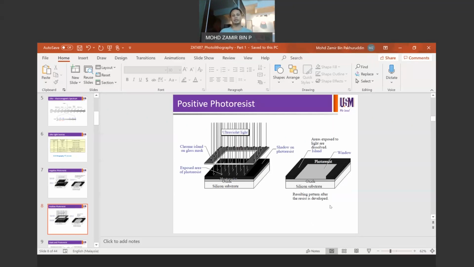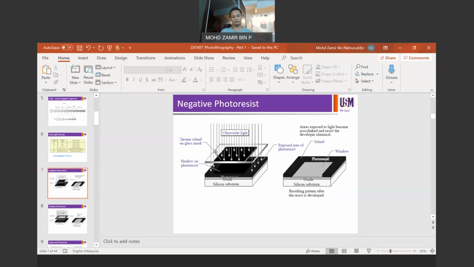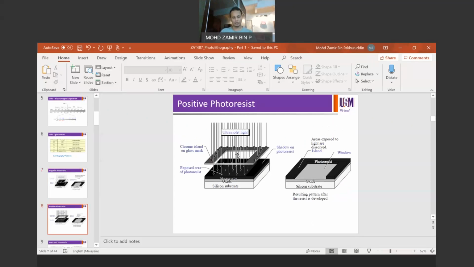So just imagine if you use positive resist as on this slide, but you use the reticle from the previous slide on this slide. So what you're going to have is basically an opposite structure on the sample. You're going to be left with a feature on the central region, and you're going to have your resist removed on the outer region.